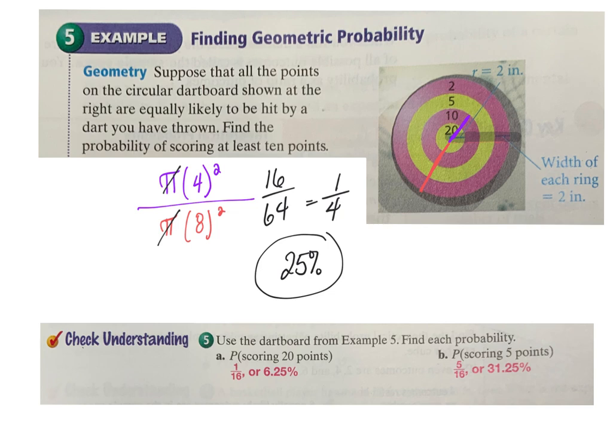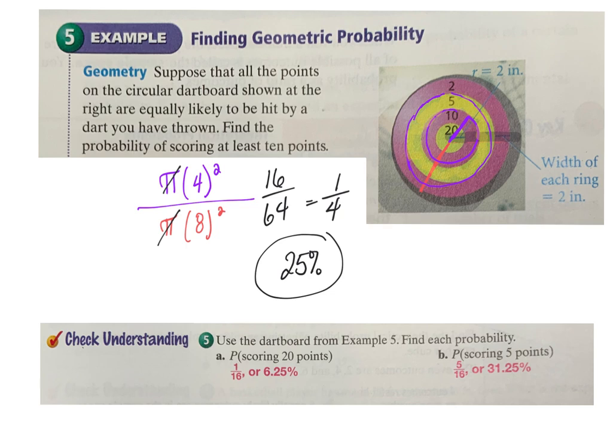So I am going to take this circle here, this 5, and I'm going to subtract out the 10 because I only want this ring, the 5 ring.